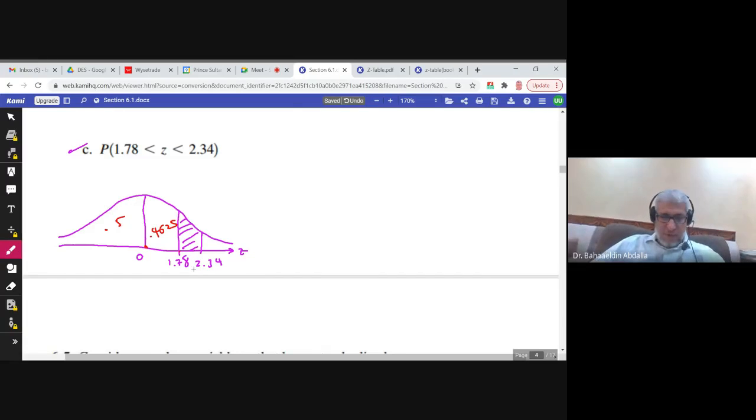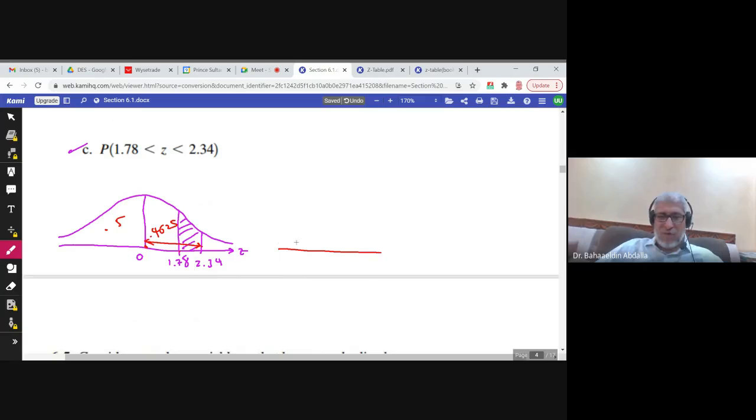Okay, now I cannot find this area from the table. I have this one. So how can I find this one? What if I give you the area from here to here? Can you find this area from here to here? Yeah, by looking to 2.34. So if you have this area from here to here, and you have this area, by subtracting them, you will get this area.